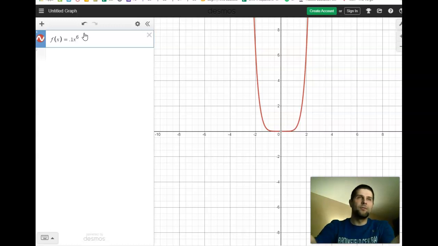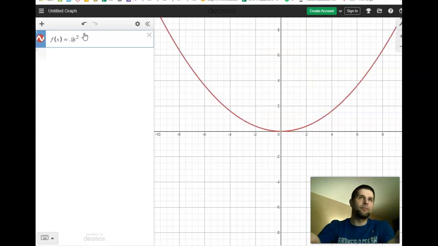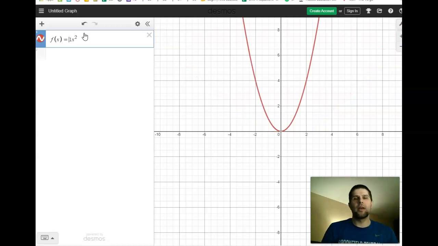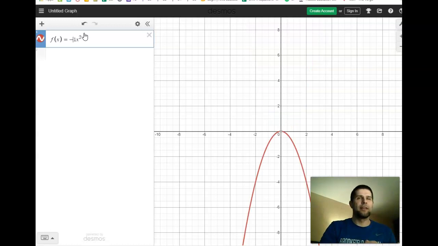Let's go back to x squared here. I'm going to put the leading coefficient back to 1. What happens when I take the leading coefficient and change it from positive to negative? You can probably guess what's going to happen. Now the graph is reflected over the x-axis, and now as x increases, what's the end behavior?